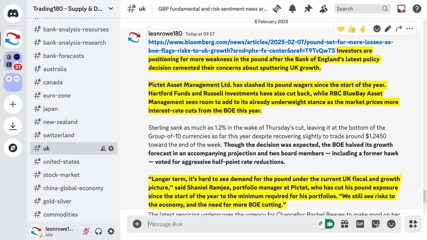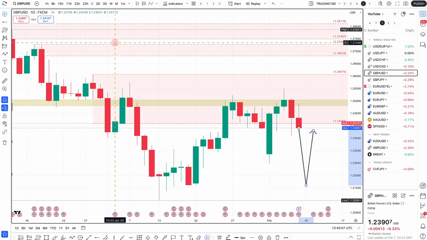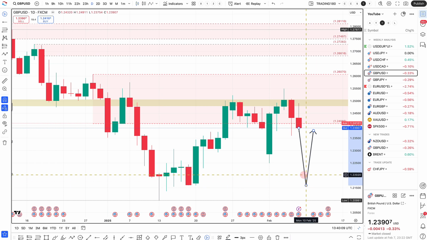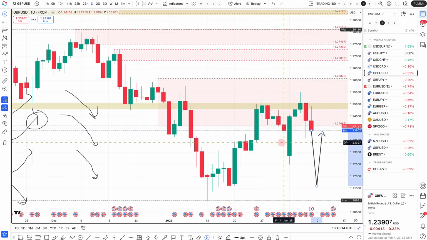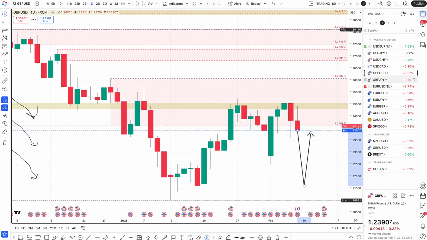We still see risks to the economy and the need for more BOE cutting. And if they're correct, of course, more BOE cutting will mean a depreciated pound. So, yeah, part of the path of least resistance for me should still be to the downside.